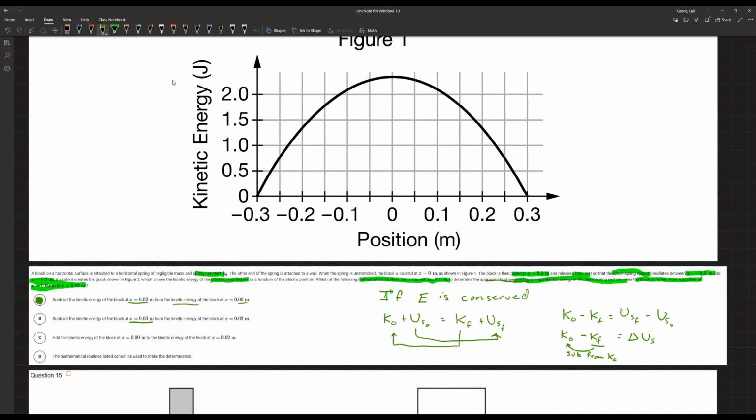Now, because they did not tell us that friction is negligible, I would be a little wary and think D is a good answer choice. Let me check what the College Board is thinking, because this one feels like a gotcha. Yeah, no. The answer choice is A. Okay, yeah, we can actually find it. I just really don't like their wording.